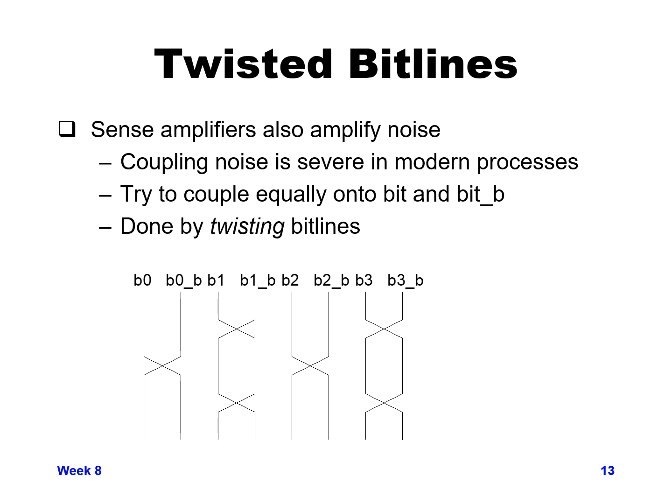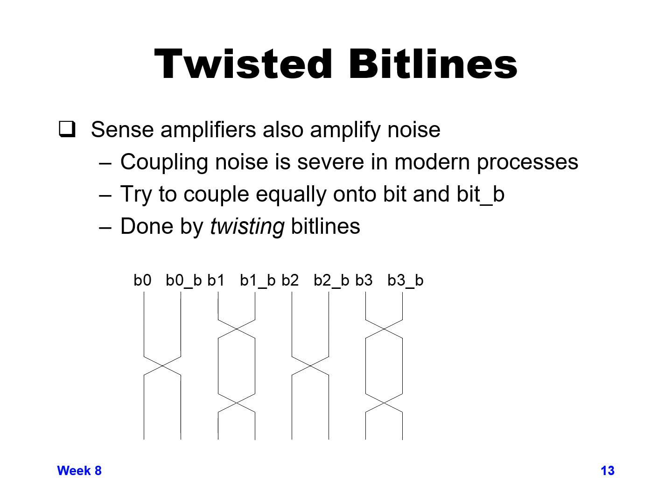And then for the odd bits, instead of doing it halfway along, we do it at 1/4 and 3/4 of the way along. Now you can see that bit 1 will couple a little bit onto bit 0 bar at the top and a little bit onto bit 0 at the bottom, but in the middle, bit 1 bar couples onto bit 0 bar for a little bit and bit 0 for a little bit.